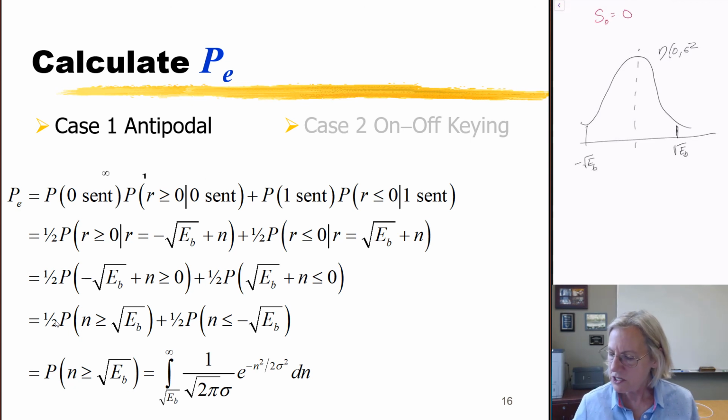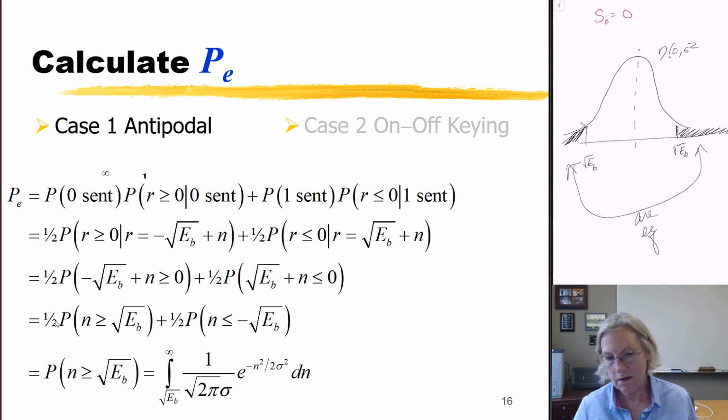Now, due to the symmetry, the probability that it's greater than is the area under the curve here, and because of the symmetry of the Gaussian distribution, these two areas are equal. So if I take half of one plus half of the other, it's like getting one of them. So that's why here I say that this is just equal to the probability that N is greater than the square root of EB.